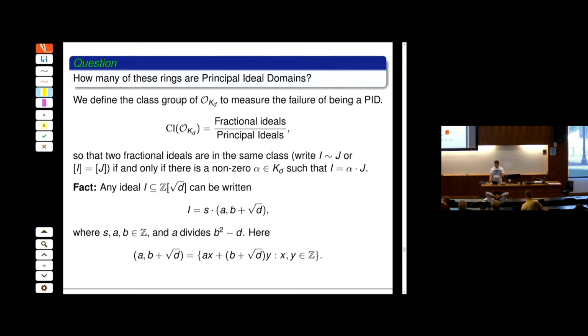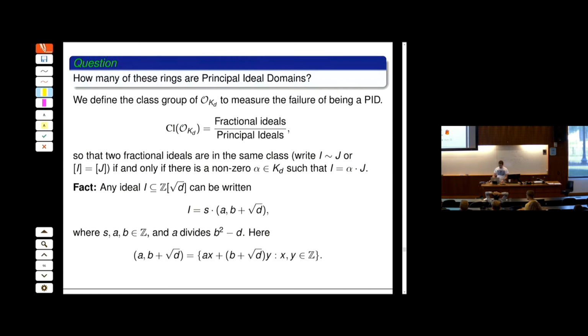I'm going to use this form just because it's easier to relate it later to the quadratic forms. You can actually write every ideal as generated over the integers by two elements, a, an integer, and b plus the square root of d, everything multiplied by a fixed element s.